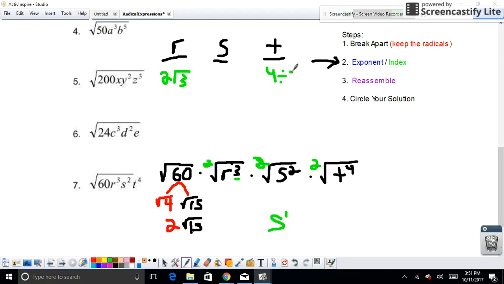That's also easy. That's just 2. So we're going to write T to the second power. Notice there are no radicals here. This is important on this S and that T, because when we try to reassemble it, we got to figure out what's going to go on the outside of the radical and what has to stay inside. Here, we know all of these are outside. We have completely gotten rid of the radical.